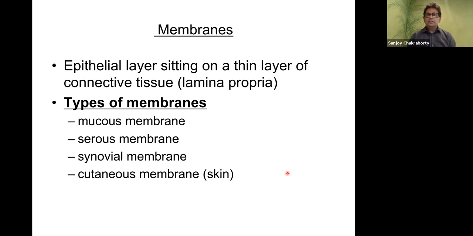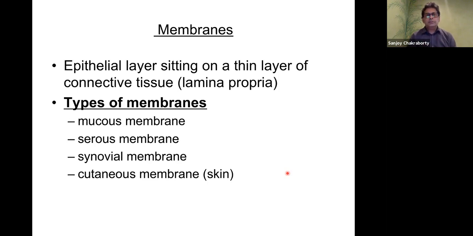Those synovial cavities are surrounded by synovial membrane, and they secrete a fluid called synovial fluid. Again, more detail than this is not required. And the cutaneous membrane is basically skin. We are going to study it in detail in the next chapter, the integumentary system, because the integumentary system is the skin and all the accessory glands and structures.